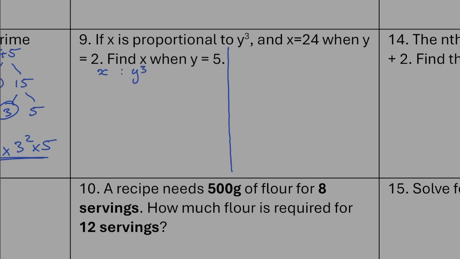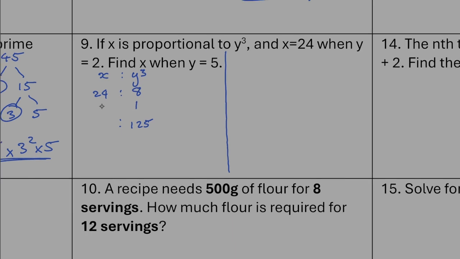So we've actually got x being proportional to y cubed. So when x is 24, y was 2, so y cubed would be 8. And I want to find x when y is 5, so y cubed would be 125. So I want to build this up to 125. The way I'm going to do it is the ratio 24 to 8 is the same as the ratio 3 to 1.